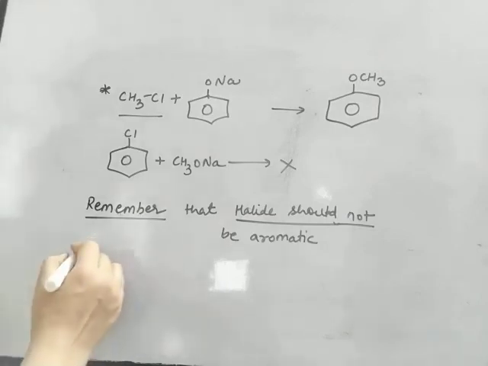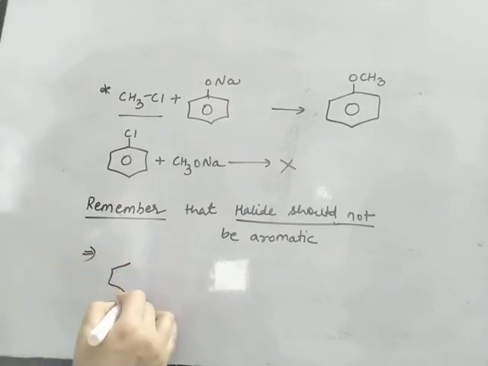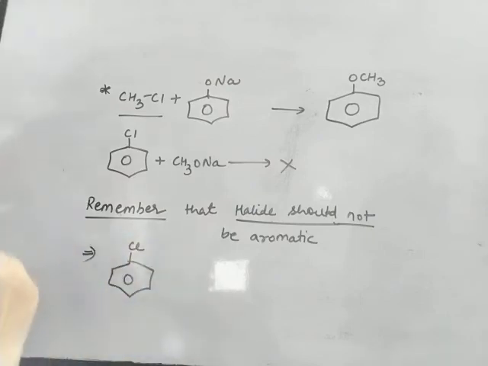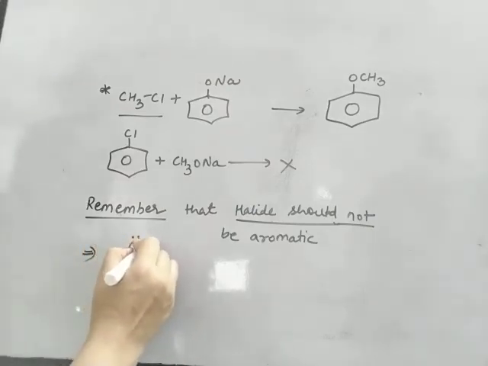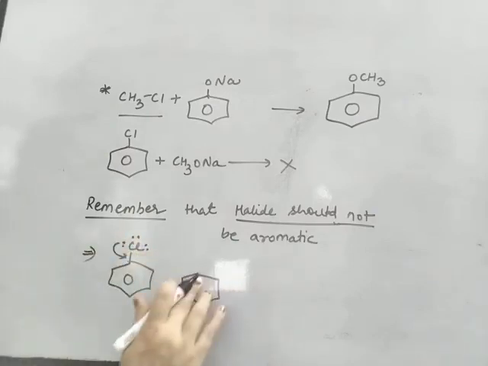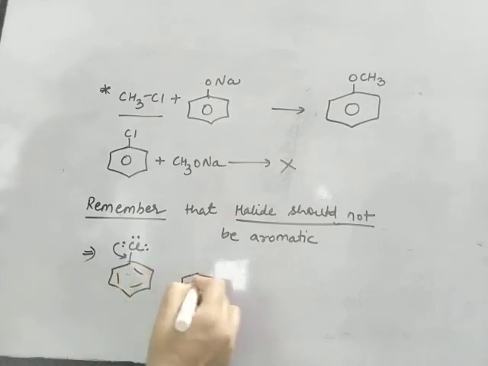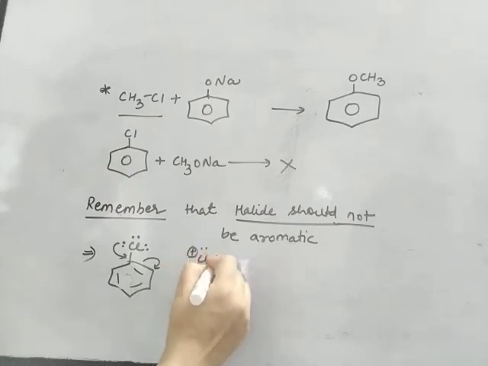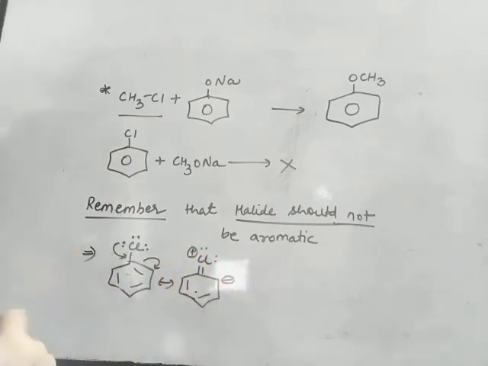Now what is the reason behind this? Because we know that aromatic halides show resonance, and because of resonance the substitution is difficult. Because of resonance the C-Cl bond acquires double bond character.